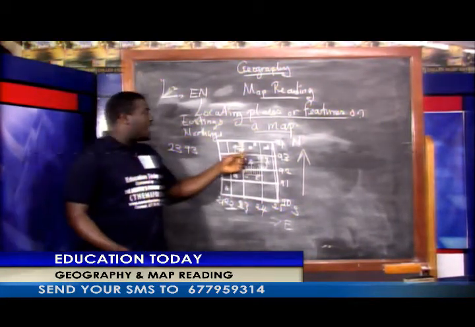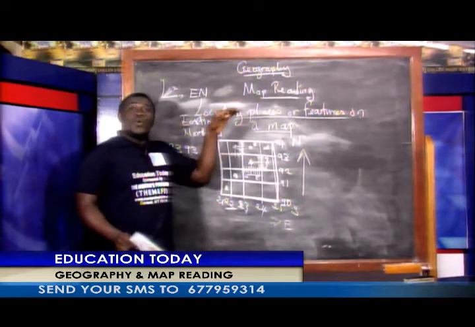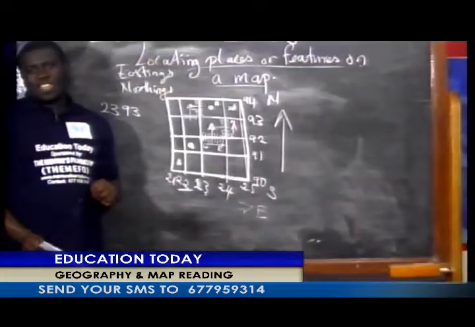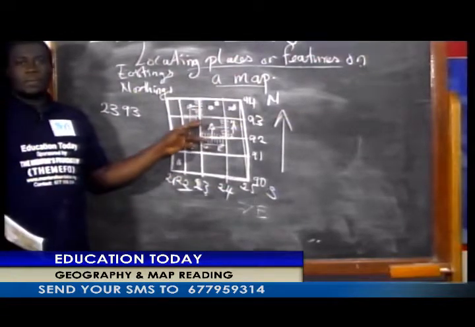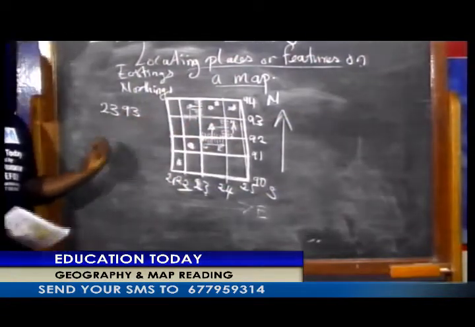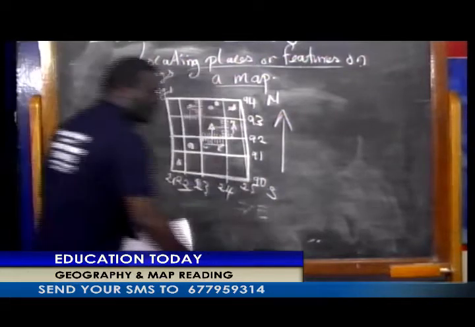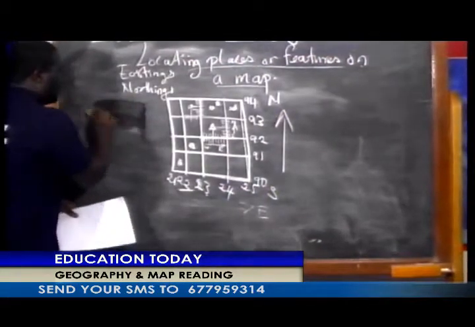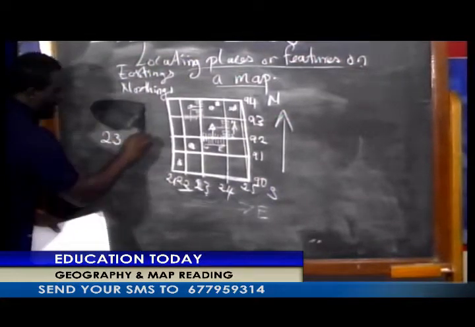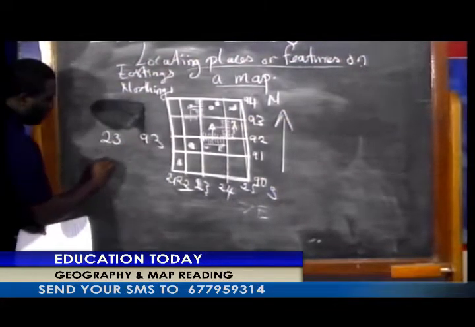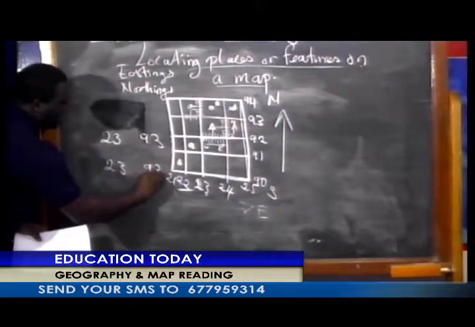Because they are found in different positions within this grid square. For the 4-figure reference, they are found within the square, which means that they will have the same 4-figure grid reference. We have 23 and 93.